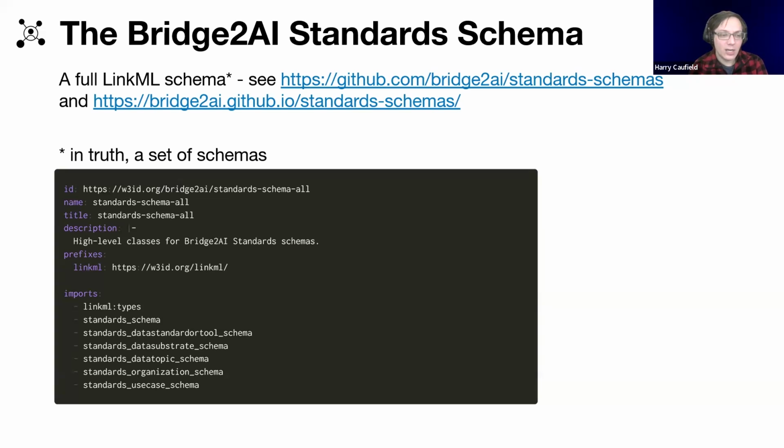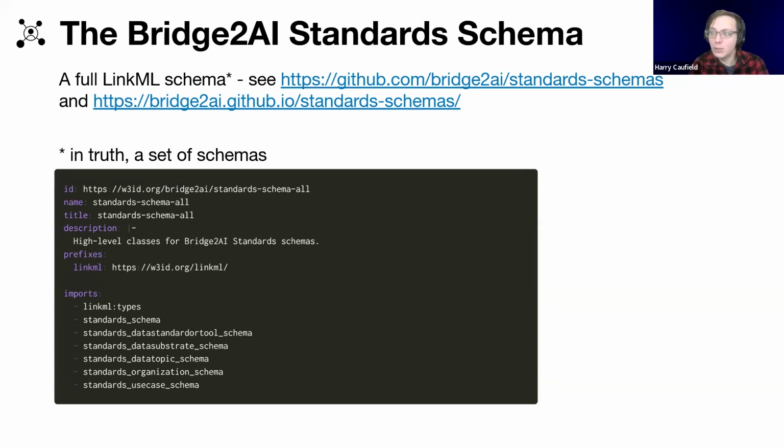This is a bit unorthodox if you're familiar with things like BioLink, where the entirety of the schema is in one place, and that certainly solves some technical concerns. But one decision that we made early was that we wanted to encourage modularity. We wanted to be able to look at things like the data substrate schema and say, okay, this actually does have use in its own right.